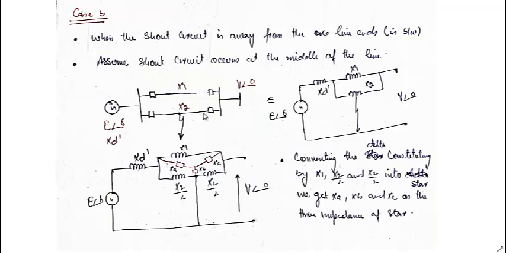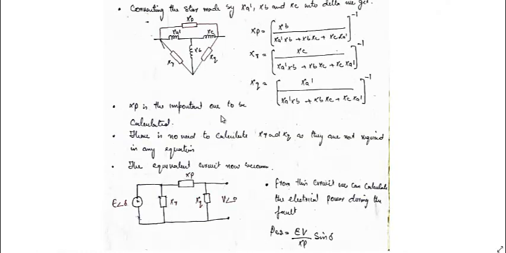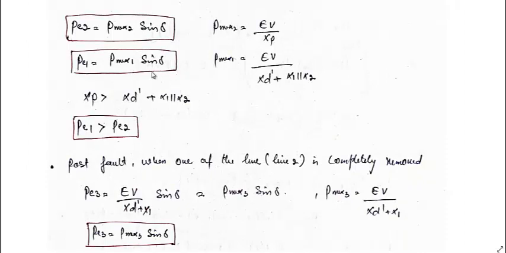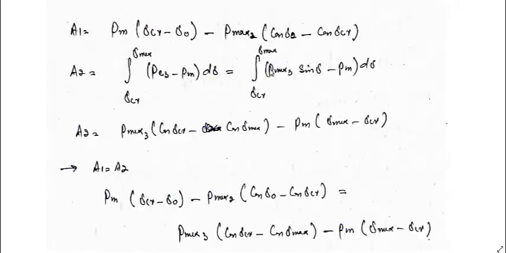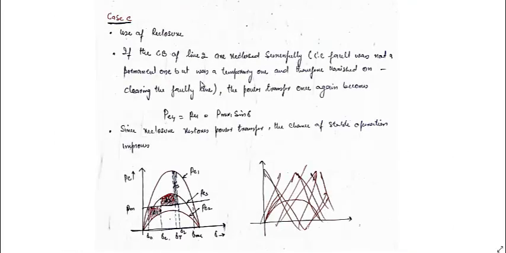If it is a temporary fault, the fault clearing is successful, the power transfer will take place again, and the power transfer now will be governed by this equation, that is PE1. This equation is PE1 because now both the lines are in series. So for this case, PE1 is equal to this. Now from this point, delta CR, delta R, PE has changed from PE3 to PE1.